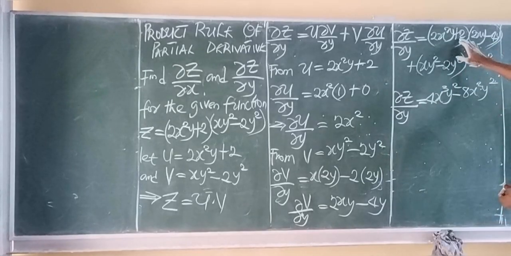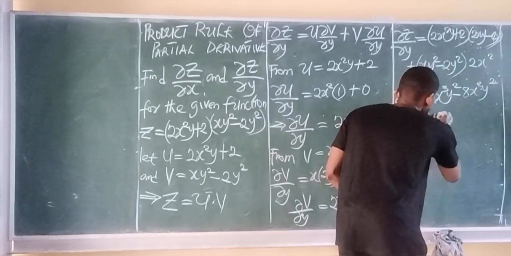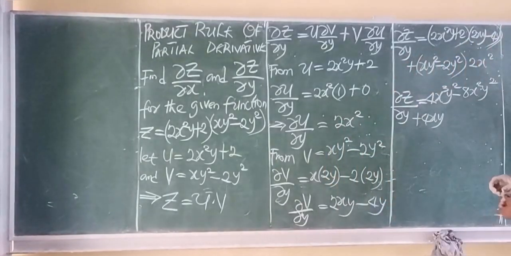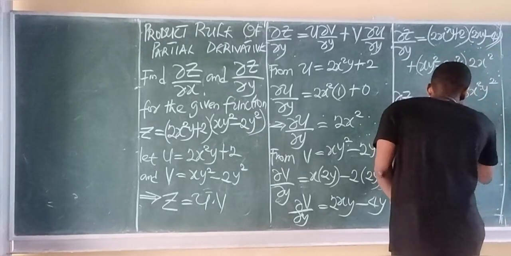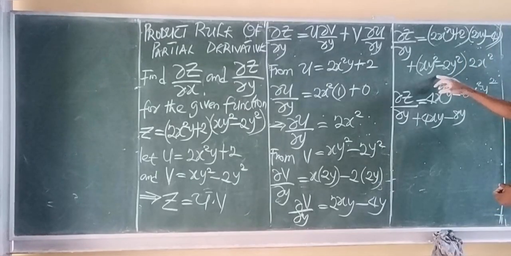Next is 2 times 2xy, and that is simply 4xy. So plus 4xy. And finally here, plus 2 times minus 4y gives us minus 8y. Here we have xy squared multiplied by 2x squared.